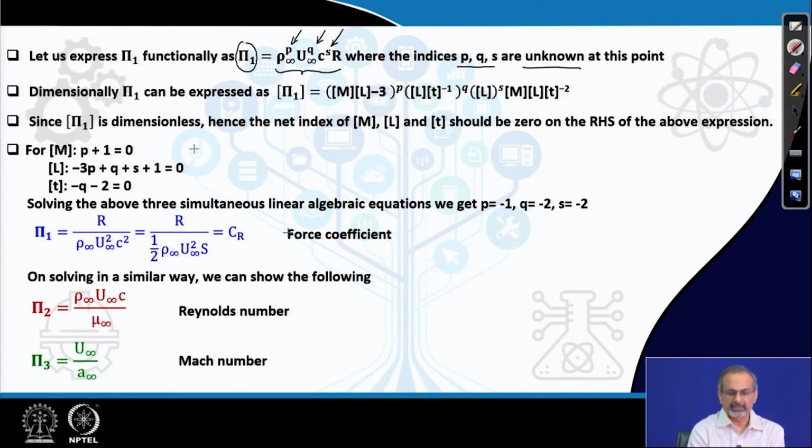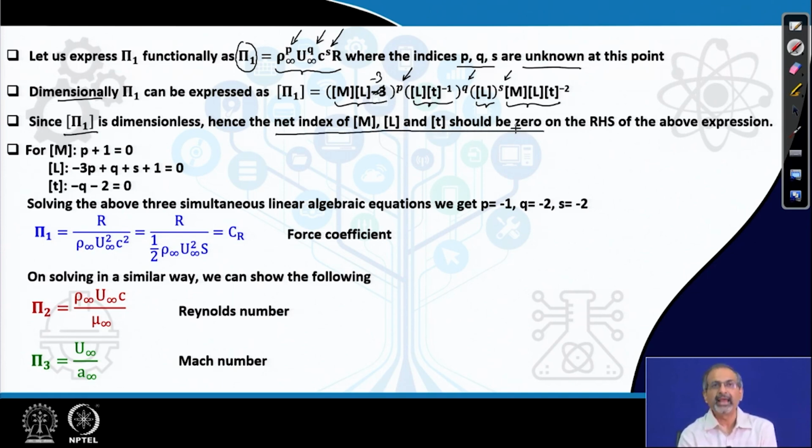Now, if you represent pi 1 dimensionally, then what have you got to do? You have to represent rho infinity in terms of its dimensions, raised to its index, then u infinity, c, all in dimensions and raised to the respective indices, and finally, you have the dimensions of R. Since pi 1 is dimensionless, net index of m, l, t individually should be 0.